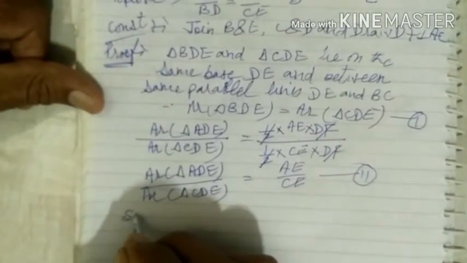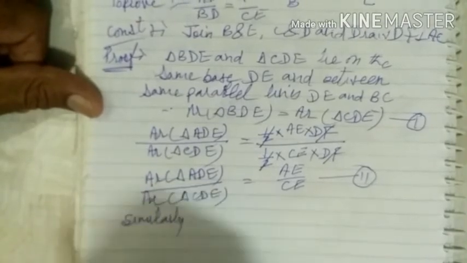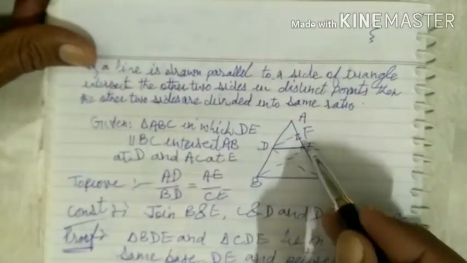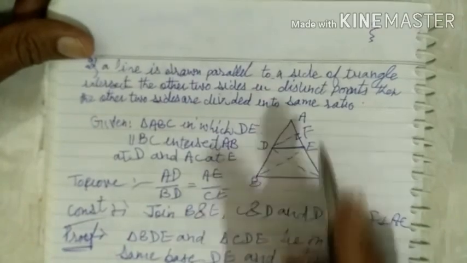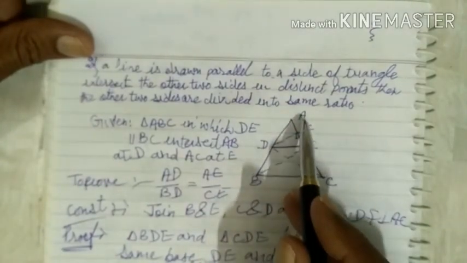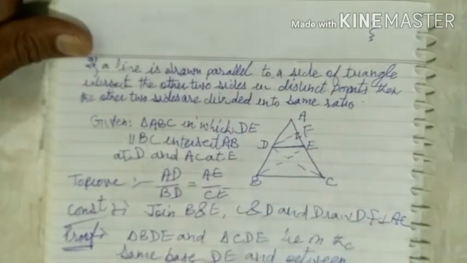Similarly, we can find area of triangle ADE and area of triangle BDE. Here we have found area of triangle ADE and area of triangle CDE is AE upon CE.